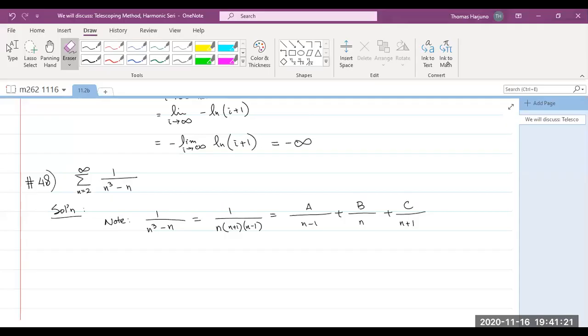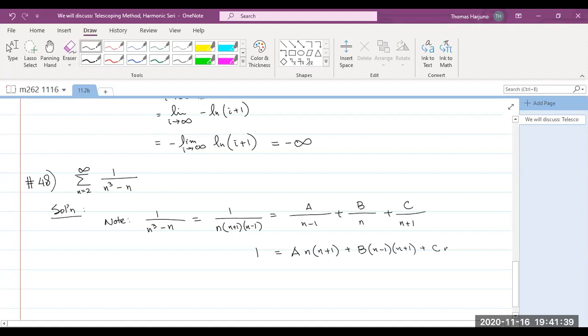Okay, let me try. Multiply by the LCD. I get 1 equals A times n plus 1 plus B times n minus 1 times n plus 1 plus C times n minus 1.